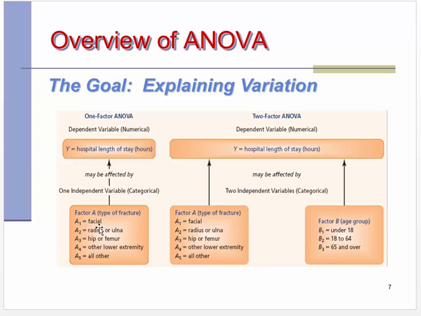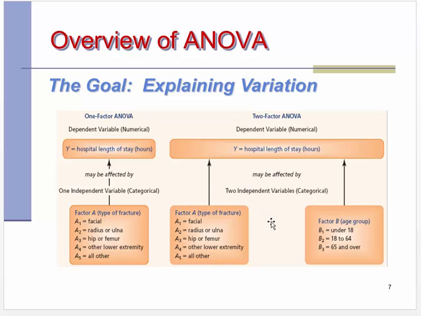The type of fractures could be A1 facial bone fracture, A2 radius or ulnar fracture, A3 hip bone or femur fractures, A4 other lower extremity fractures, and A5 all other fractures. There are 5 levels here that affect the length of hospital stay for the patient. That's one-factor ANOVA, because it's only one factor, which is factor A, type of fracture.